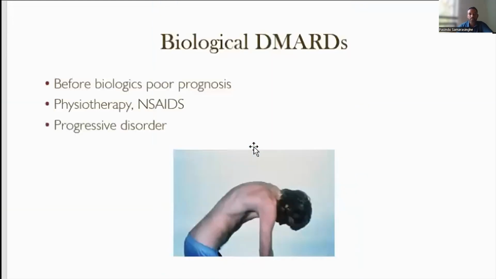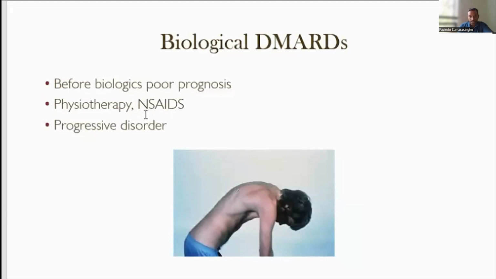So biologics have changed the way we look at spondyloarthritis. I think even when we were medical students, we were taught that this is a progressive disorder with poor prognosis, with significant impairment in quality of life and mobility. Initially, the mainstay of treatment was only NSAIDs and physiotherapy.